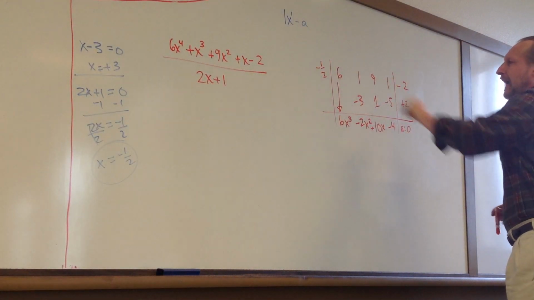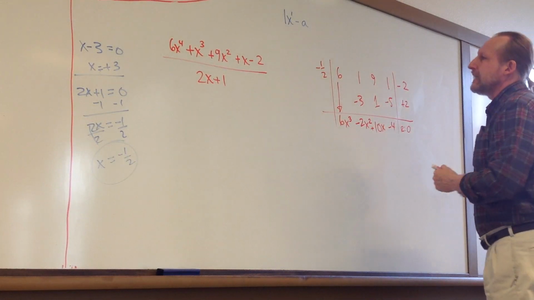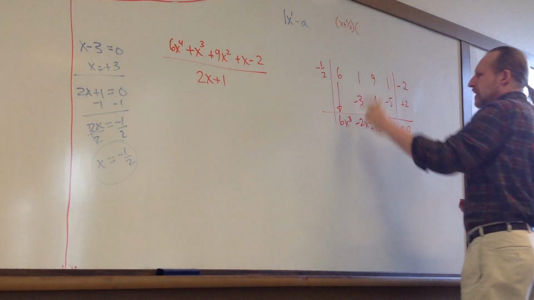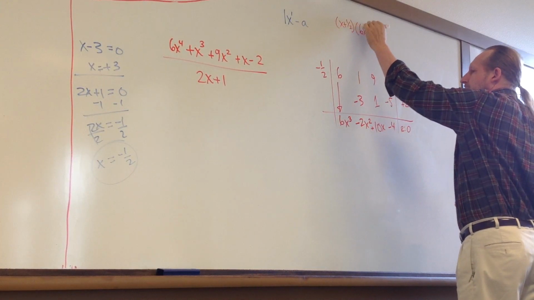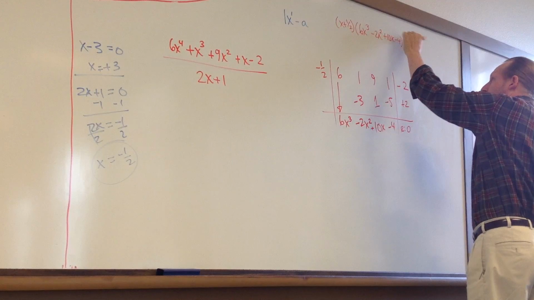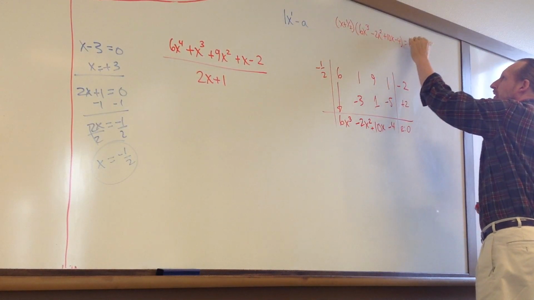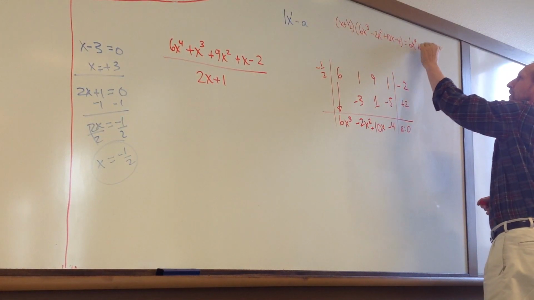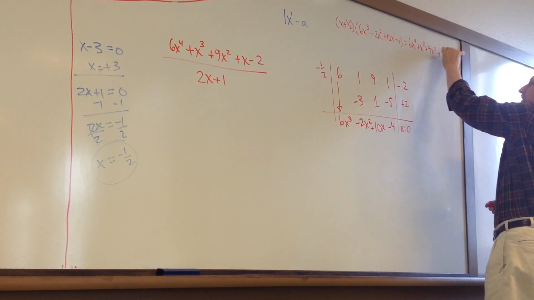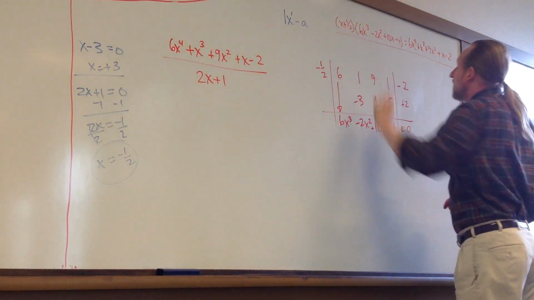So, what is happening here is what we're saying is that x plus a half times 6x cubed minus 2x squared plus 10x minus 4 is equal to 6x to the fourth plus x cubed plus 9x squared plus x minus 2. That is true.